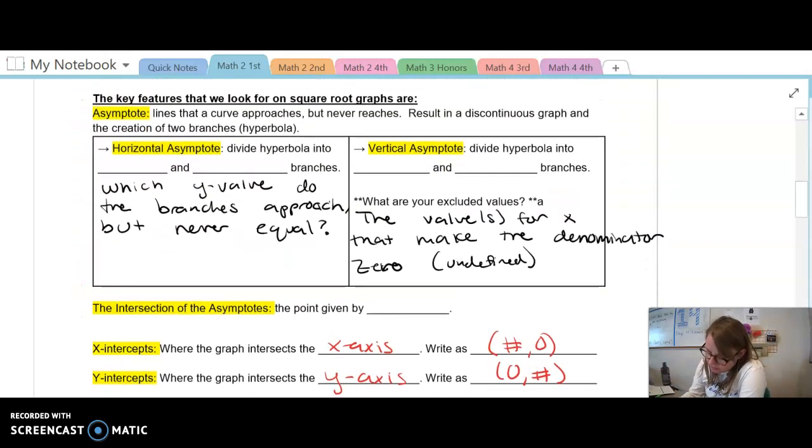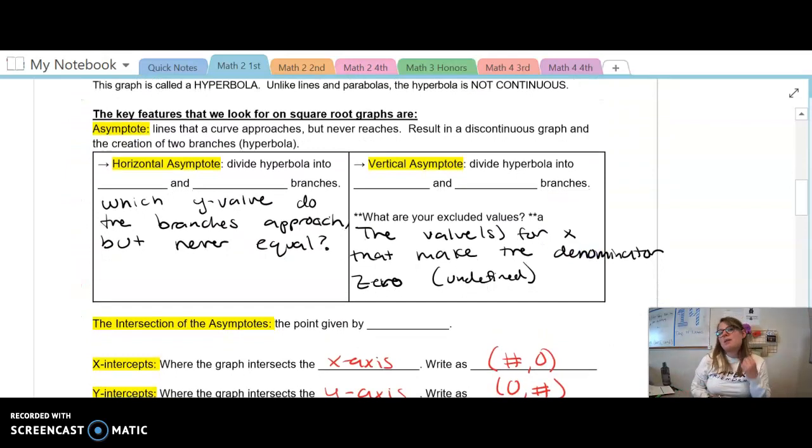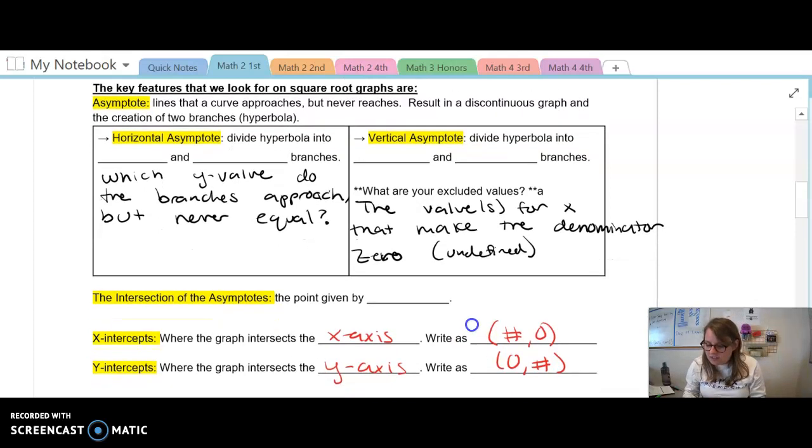So a couple of things I want to talk about is that this is called a hyperbola. It's like a parabola, but it's not continuous, so that's why it's called a hyperbola. Alright, so these hyperbolas have what's called asymptotes, basically where it will never touch a number. So we have two types of asymptotes, and that is a horizontal asymptote and a vertical asymptote.